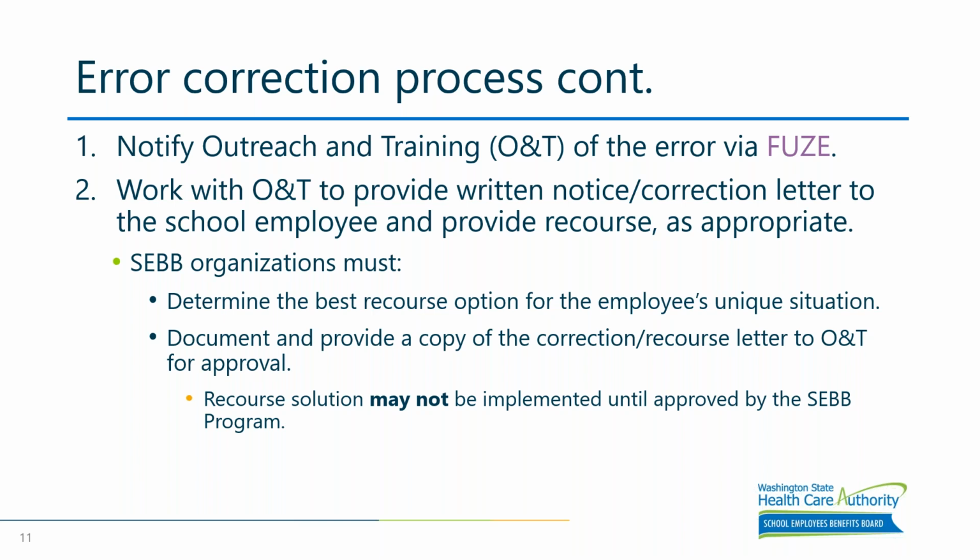And we talked about the different recourse options in a previous slide. So as a benefit administrator, you must determine what is the best recourse option for this employee. Once you've done that, you want to document and provide a copy of the correction/recourse letter to outreach and training for approval. So the recourse solution may not be applied or implemented until it's been approved by the SEBB program.